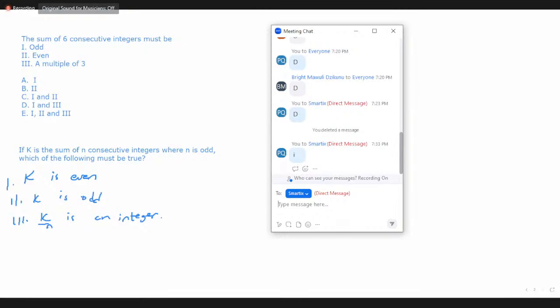I was asking: what if K divided by N does not give an integer? Like if K is even or odd, it does not give an integer. It means the answer is not in the options. Okay, so your answer will be none of them. Is that it? Yes. Okay.